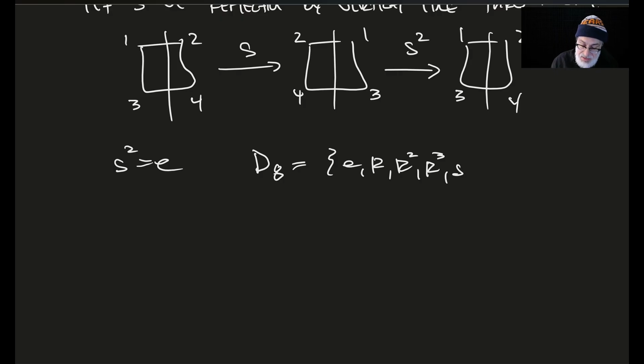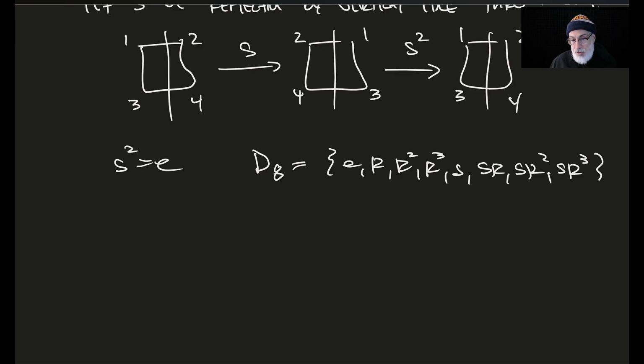Well, we know we have S. It's going to turn out that we have this. And I will show a presentation of this group after we are done. But my contention is that these are the elements of D sub 8.